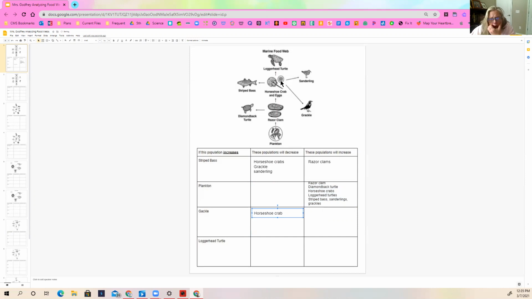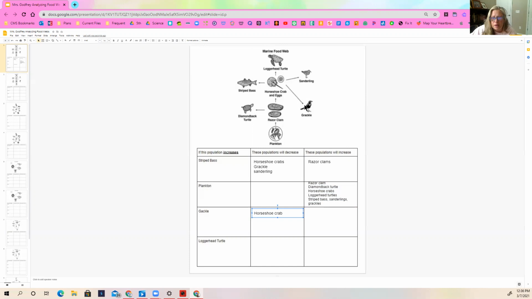There. All right. And then if the horseshoe crab decreases, then that means the sanderling population and the striped bass population would also decrease too. So this increase means then that everything else could decrease. All of those guys could decrease because they all depend on the horseshoe crab.